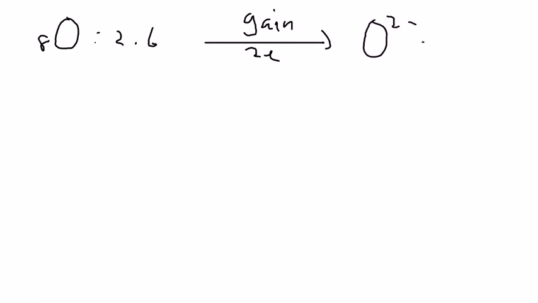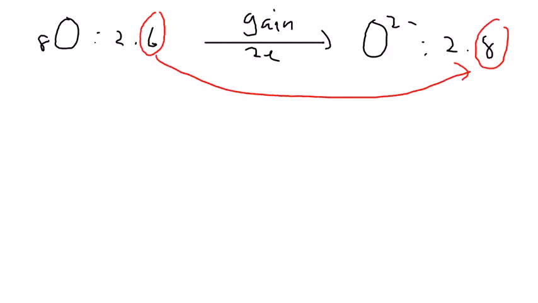So oxygen, 8 protons, 2.6, gains 2 electrons, so it becomes O 2 minus, and 2.8. As you can see, the only thing that changes is the valence electrons. This is the valence electron, gain 2 electrons, change.